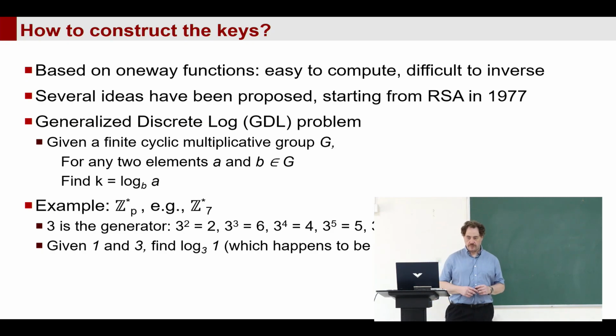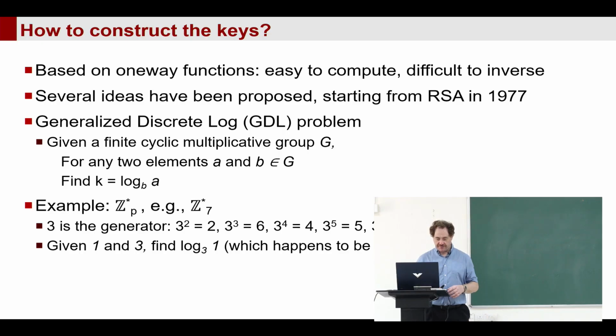What's the problem? We are given a finite cyclic multiplicative group. Okay, I'll immediately give a realistic example. We could create a group of natural numbers, or remainders of division by a certain prime integer.